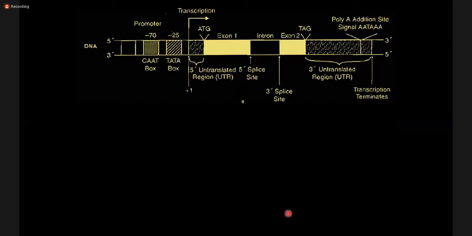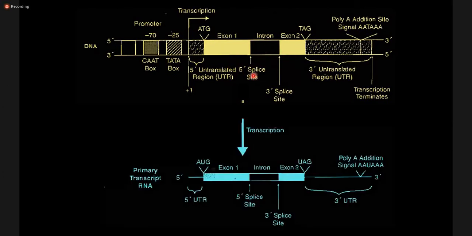Coming to eukaryotic transcription, again, the difference is in the promoter regions. We have a poly A tail signal here, and then we have introns and exons, which after maturation, the introns are removed.